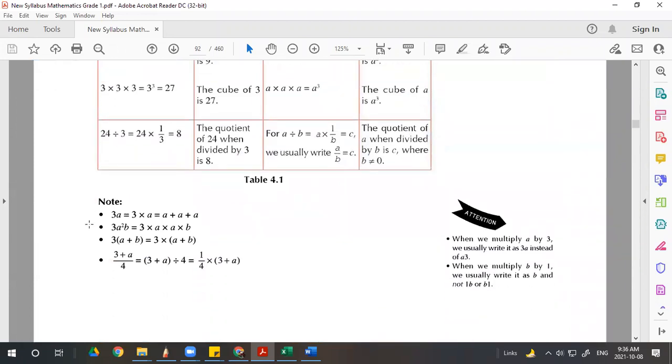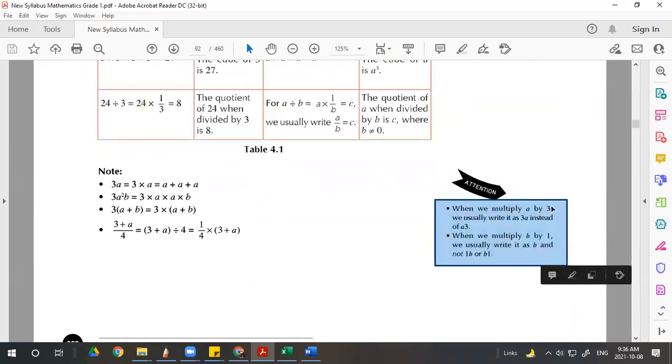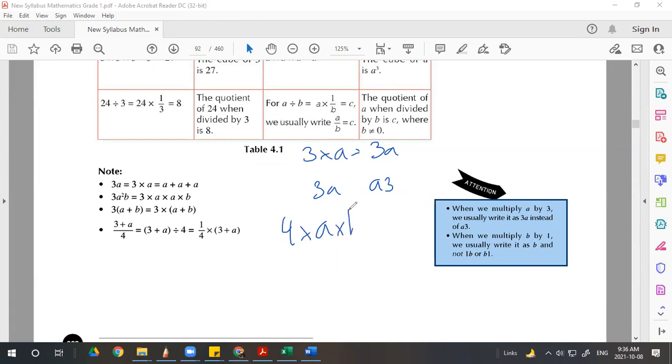So if I have multiply, we don't have to put the sign here. Look at this. When we multiply a by 3, we usually just put 3a, not a3. Be careful about this. So 3 times a can be written as 3a, or 4 times a times b can be written as 4ab. And how about 1 times a?